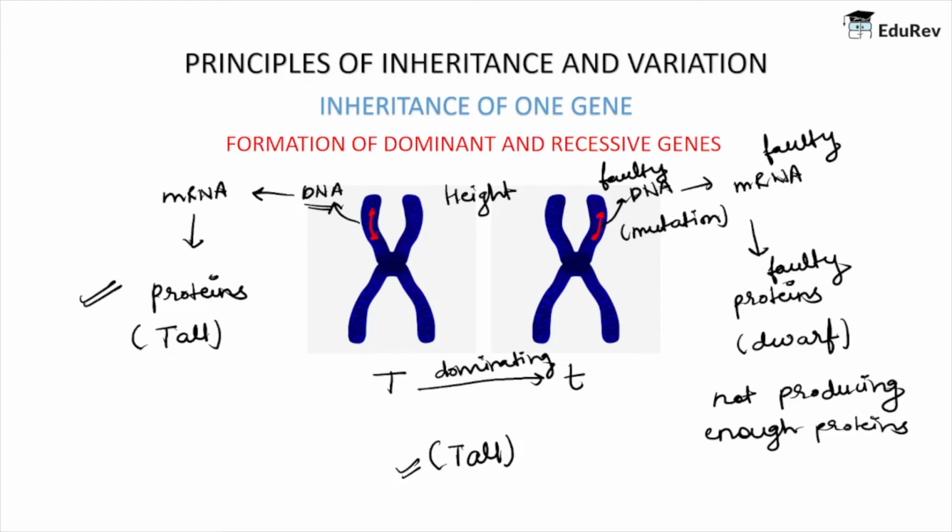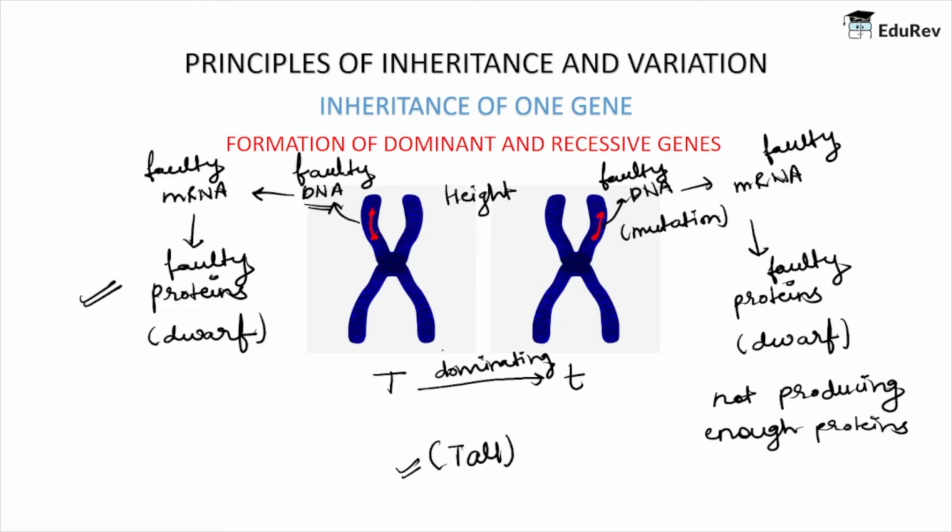Now, since genetics is all about probability, keeping that in mind, there are some cases where both the genes on the chromosomes are faulty. It means the DNA of this chromosome will be faulty, so it will produce a faulty mRNA, which produces faulty proteins. It means both the genes are not able to produce enough proteins, so it will also encode for dwarfness.